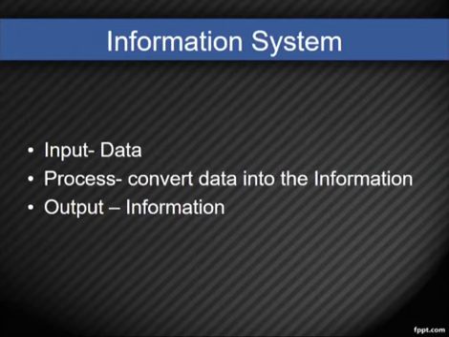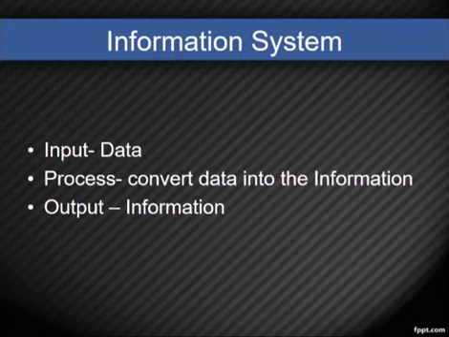So now we are moving to the information system. The basic components and the basic goal or task of an information system is to provide information. To provide information, it needs data as input.